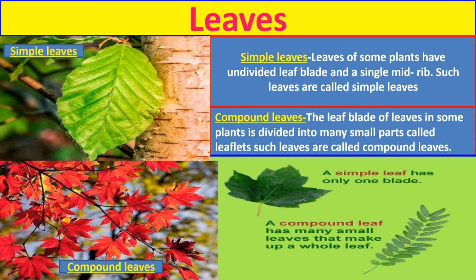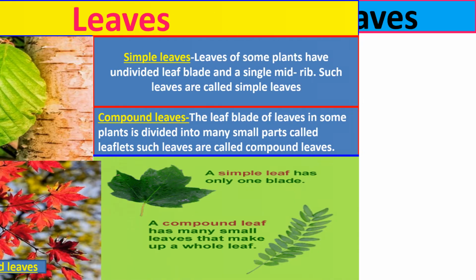So basically we can say many small leaves come together and make a whole leaf, and that is compound leaves.